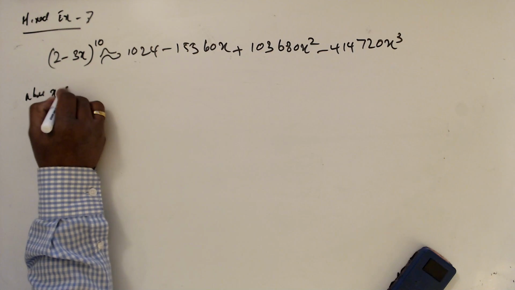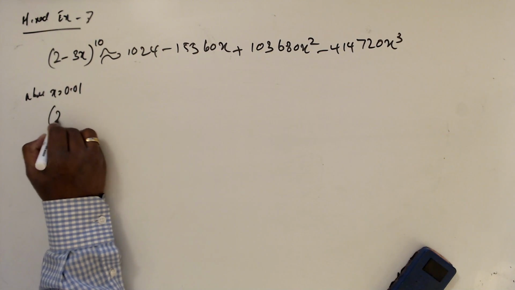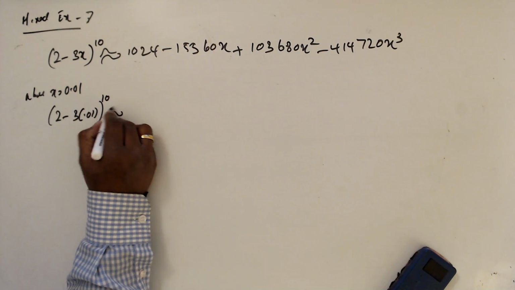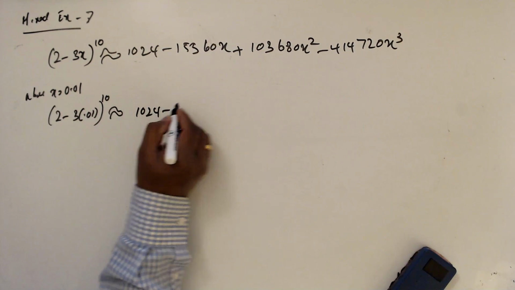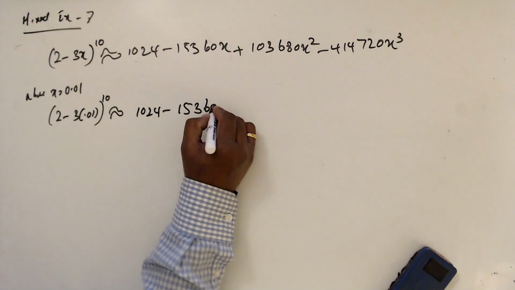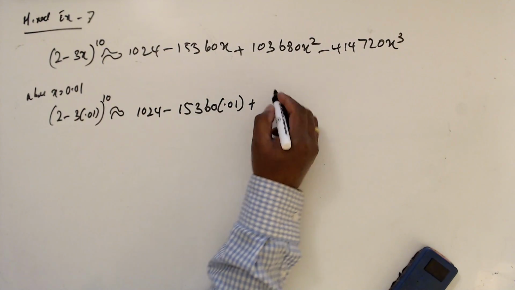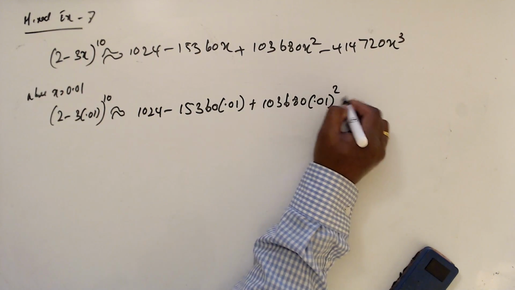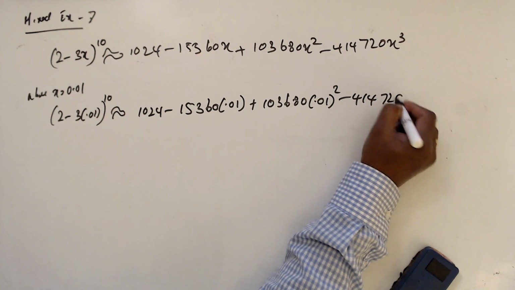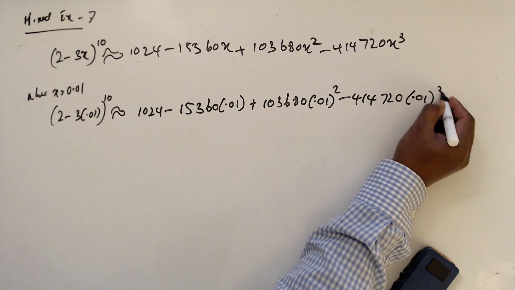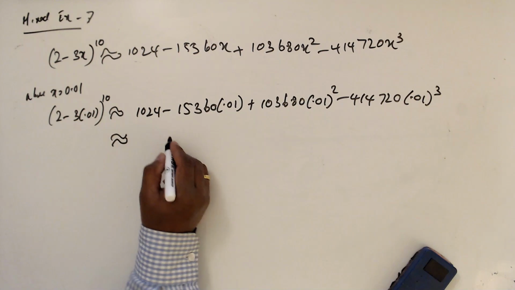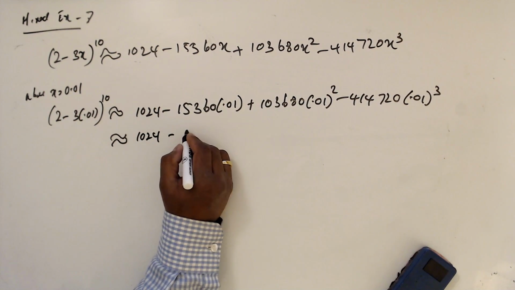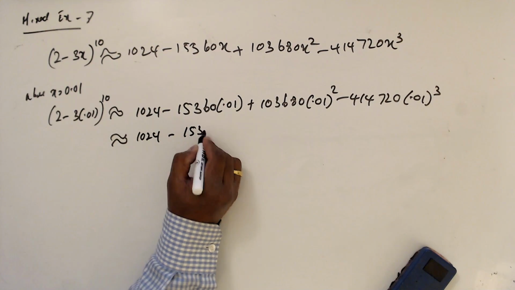When x equals 0.01, 2 minus 3 times 0.01 to the power 10. 1024 minus 15360 times 0.01, plus 103680 times 0.01 squared, minus 414720. So this value should be 1024 minus 153.6.